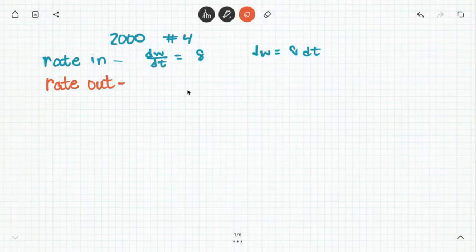We'll see what the question asks us to do. The rate out is given as the square root of t plus 1, so I'm going to call that dW. We could call this I and O for in and out. However you want to label it, it doesn't really matter.